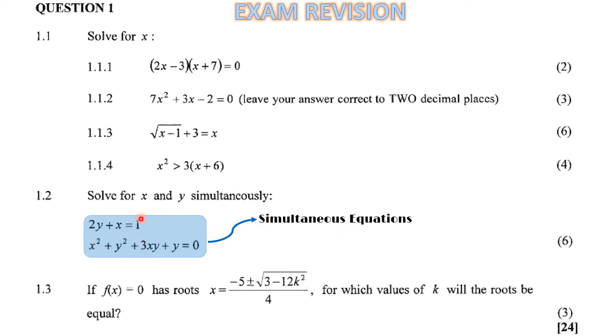You solve for 2 variables. You must find the values of x and the values of y. Getting the values of y doesn't mean you are done with the question. Getting the values of x doesn't either, you need to get both of them. That is why we are saying and. So these 2 variables are supposed to be satisfied, all of them. Only then can you say you've answered the question thoroughly. Okay, and this is a question that carries many marks in question 1.